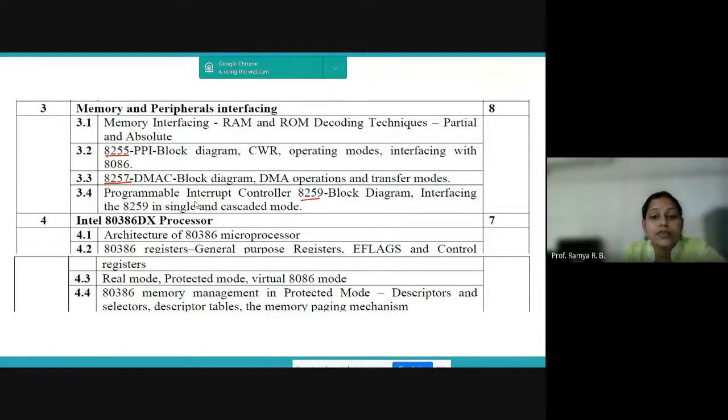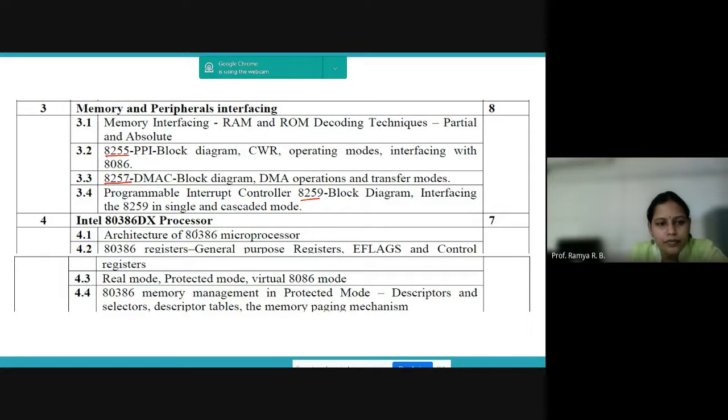This can be used when you want to increase the number of interrupts that your microprocessor can handle. Interrupts matlab pata hai na, what do you mean by interrupts? See, if I press the keyboard, that is an interrupt which is going to my computer, right? So we learn about all these concepts in detail.